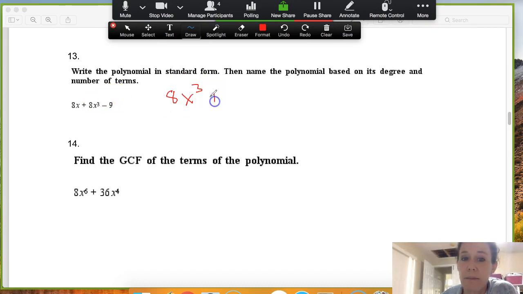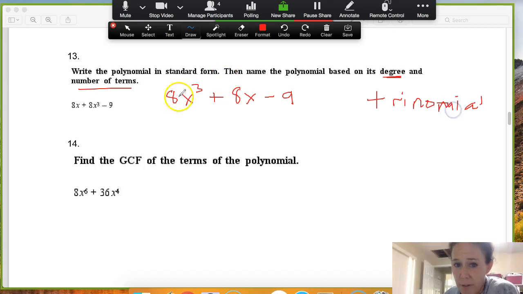Then what? 8x. Then what? Minus 9. Good. Now I want to name the polynomial based on its degree and the number of terms. How many terms do I have? 3 terms. So it's a trinomial.